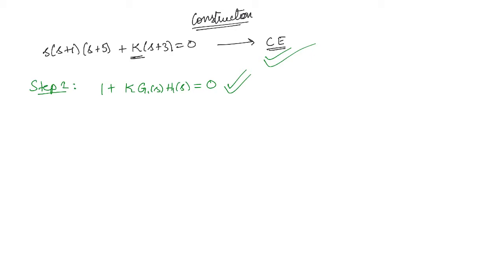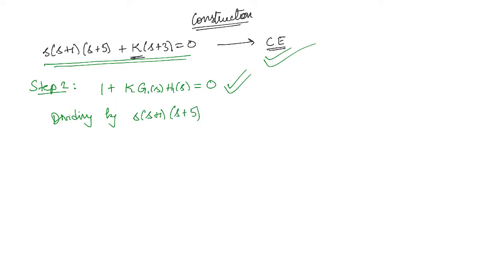For this, we divide the entire equation by all the terms that are not containing the constant k, that will be dividing by s(s+1)(s+5).